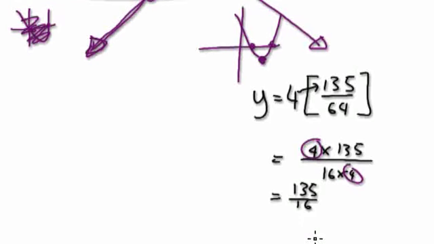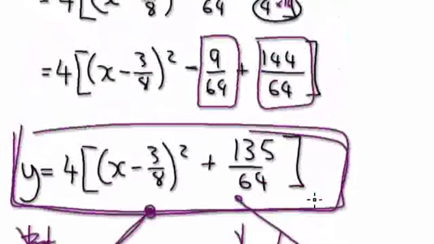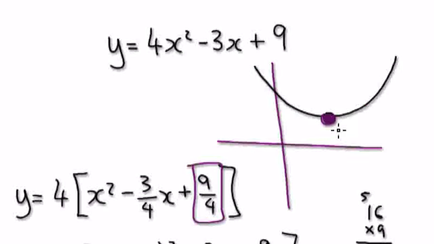If you're unsure, then just get 4 times 135 and whatever that is, and then simplify it. It does boil down to this. So the y value would be 135 over 16. So the coordinates for this point: the x we don't know yet.